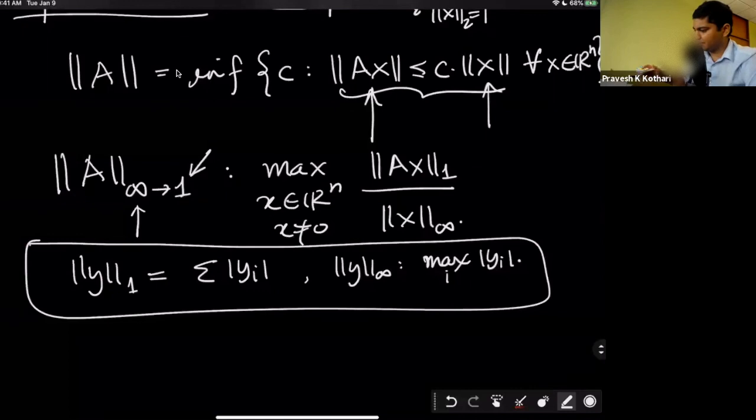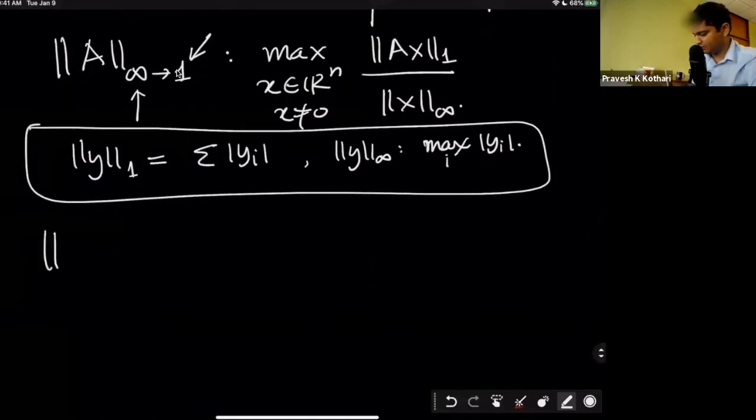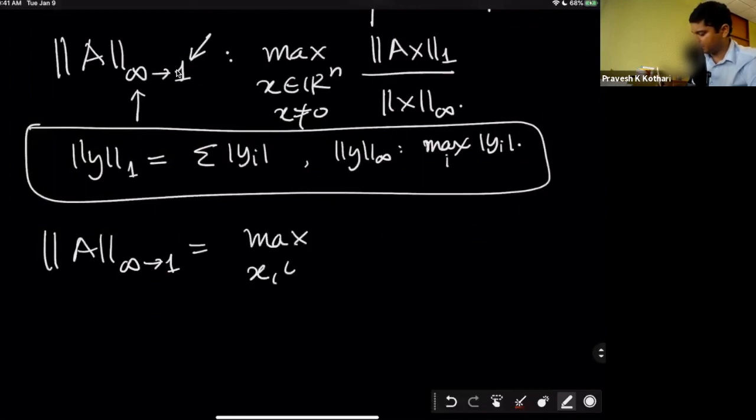So now what I want to observe for you is that this quantity A infinity to 1 is exactly this bilinear optimization problem we saw. And this is a very simple observation.